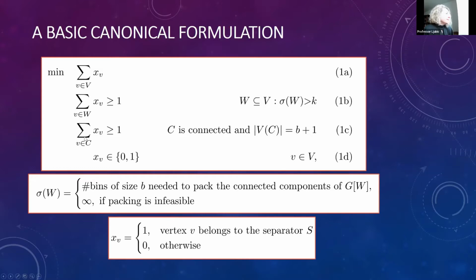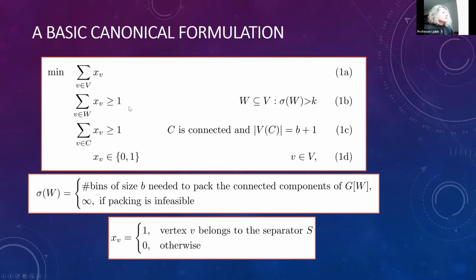So now the second constraint, 1b, is a little bit more complicated. So what is this sigma of w? So w is a subset of vertices. And sigma of w is a function that calculates into how many bins of size b we can pack all the connected components induced by this set of vertices. And if this number is larger than k, this means that in this subset w, again, we have to remove at least one node.